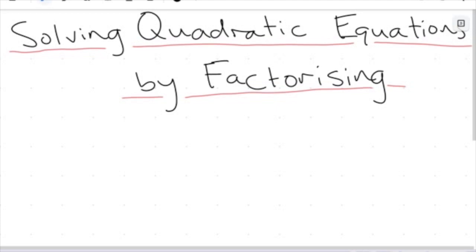So going into a couple of different types of quadratic equations, I'm going to give you one here. We have x squared plus 4x equals 0.